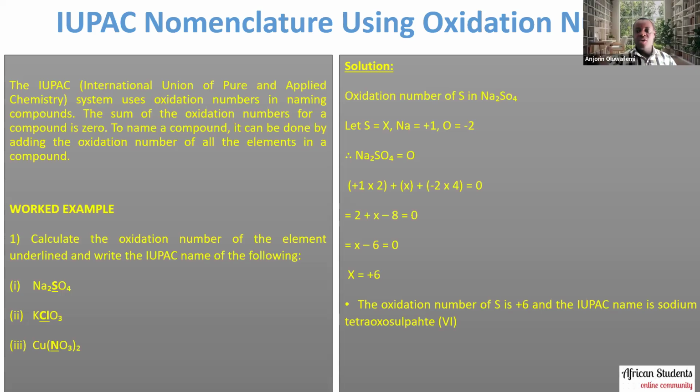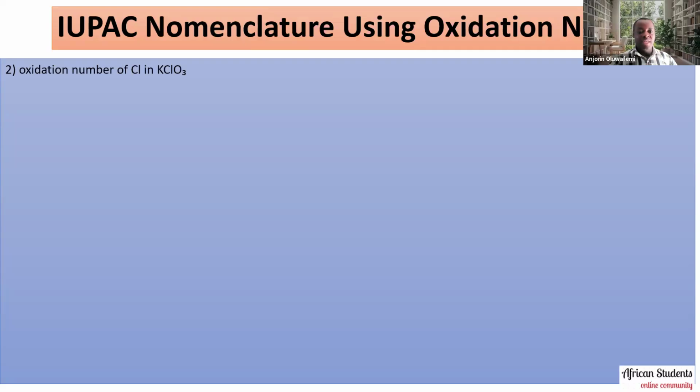So I will solve the second one, but I'm not going to solve the third one for you. So get ready to solve the third one yourself. Let's look at the second one. Chlorine in KClO3. Our Y will be used to represent our chlorine, which is unknown. Potassium is +1, and oxygen is -2. If you sum the individual atoms in KClO3, it will be equal to 0 based on our rule.